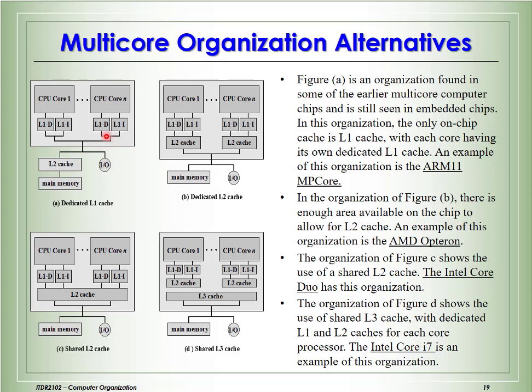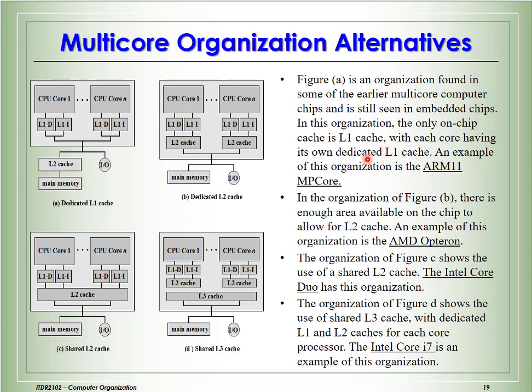Now you see in the first one, which is dedicated L1 cache, in this organization there is only one on-chip cache, only one level 1 cache on each core. The example here is ARM11 MP core.